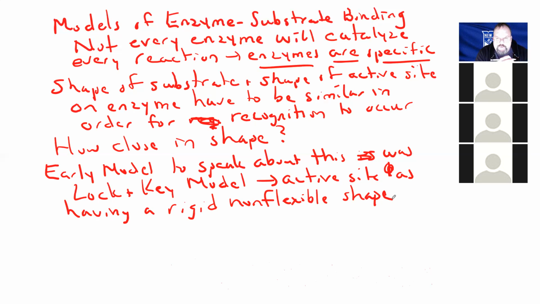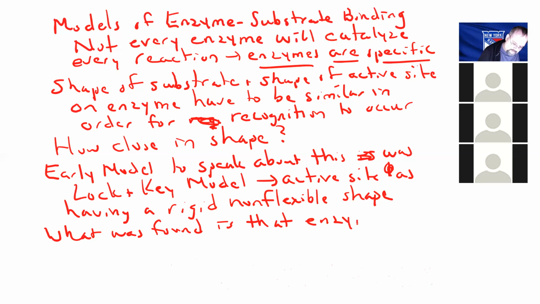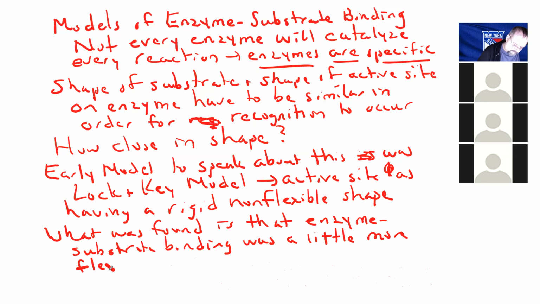In early days, it was really thought that the shape of the substrate molecules and the shape of the enzyme molecules would have to be that close in order for enzyme substrate binding to occur. But what they found is that enzyme substrate binding was a little more flexible than this.